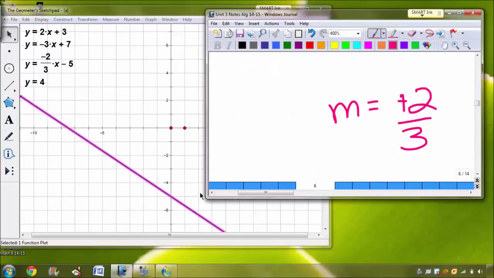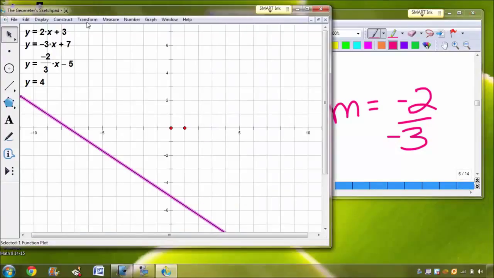And then the run, it went to the left 3, 1, 2, 3. So since it went to the left 3, it's negative 3. It doesn't matter which number is negative as long as only one number is negative. A very common mistake is that people will think that they're both negatives. But if they're both negatives, it would become a positive, and then the line would be going up this way instead of going down that way.